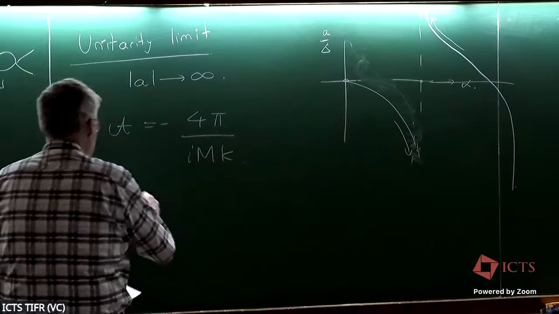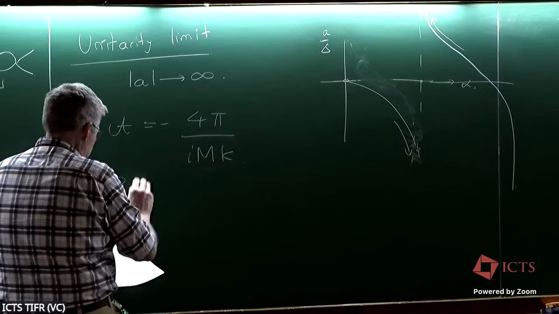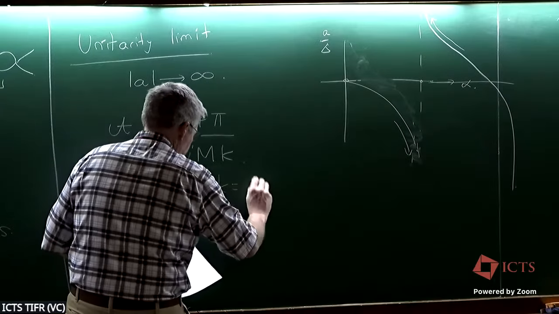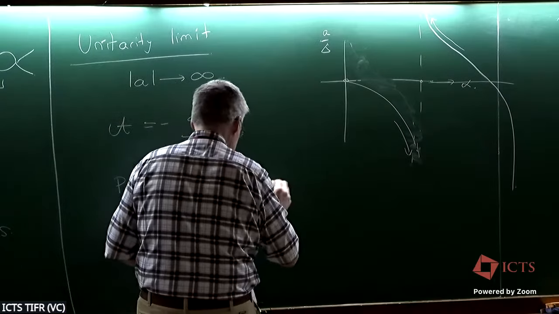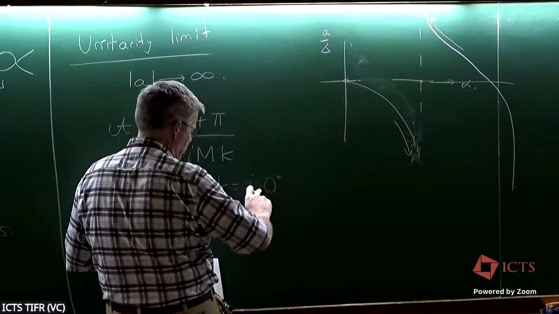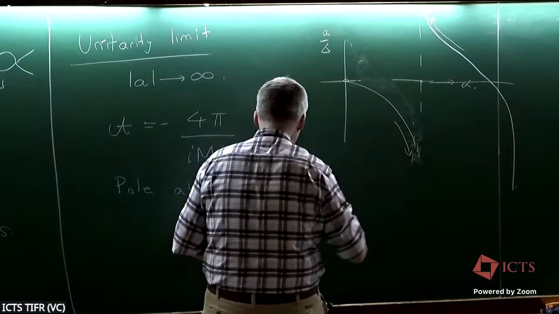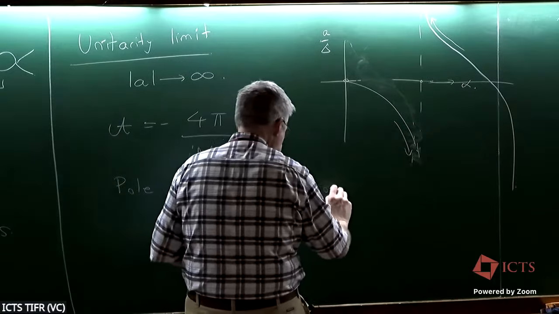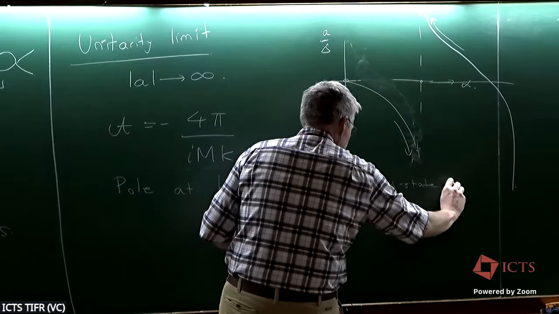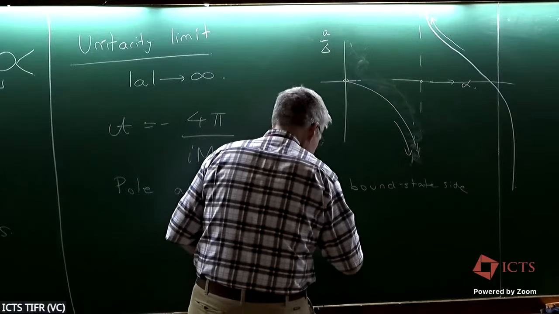In this limit, now the pole, if we think about the pole of this amplitude, as already commented, there is a pole at k equals i times 0 plus, by which I mean it's approaching from the positive energy axis. That's if we come from above. Or it's slightly negative if we come from the other side.